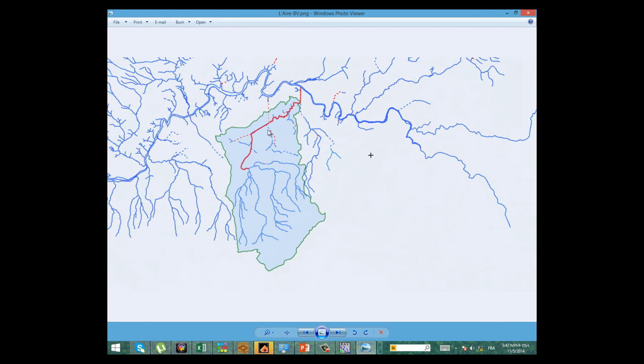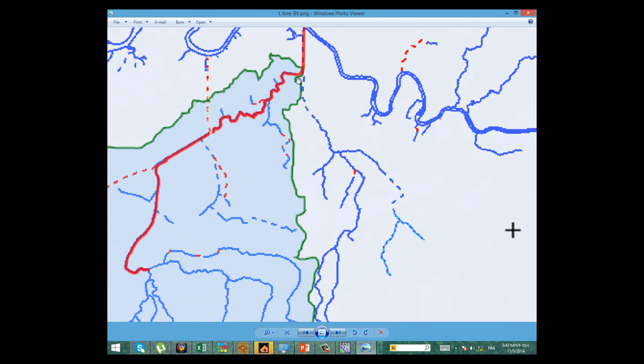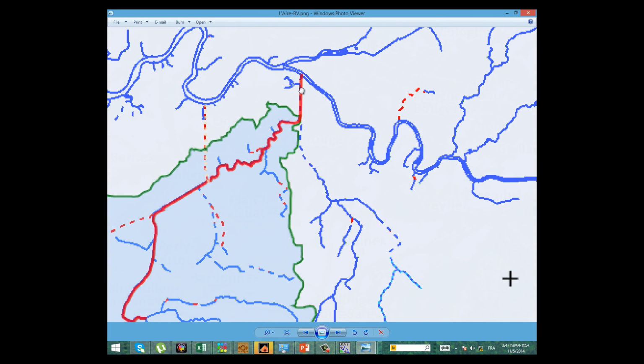And there are some other flows like sewerage and so on, which mix with the river. This is the point where the Pont Rouge is located, and after that you can see the dotted line indicates that it is a tunnel underground.